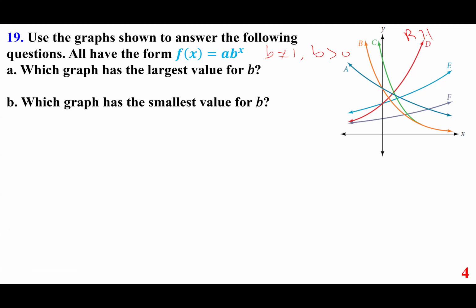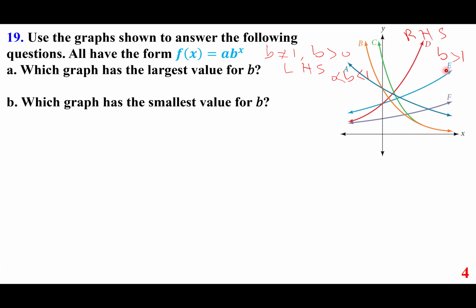Right-hand side, RHS. The base is larger than 1. On the left-hand side, the base is between 0 and 1. Since we want the largest, we look at the right-hand side.